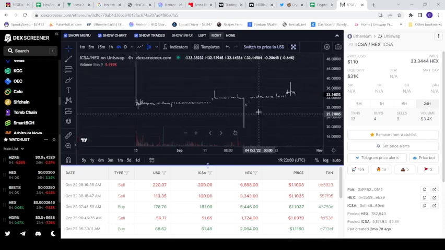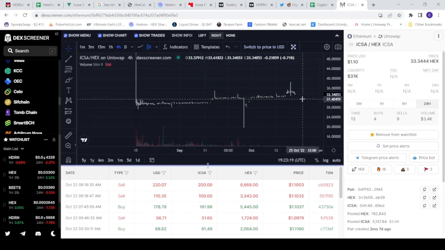So I think the liquidity on this pair will probably increase over time, because right now a lot of the Icosa is staked. There's only about 25% of Icosa that's liquid in the LP pair or so.